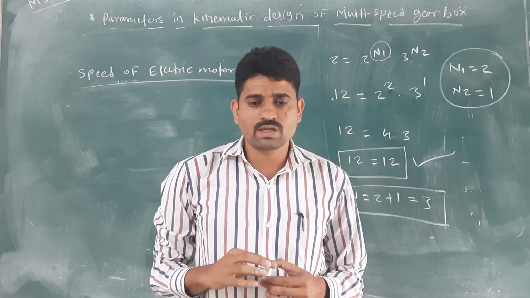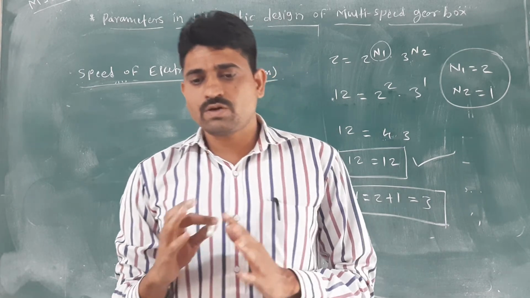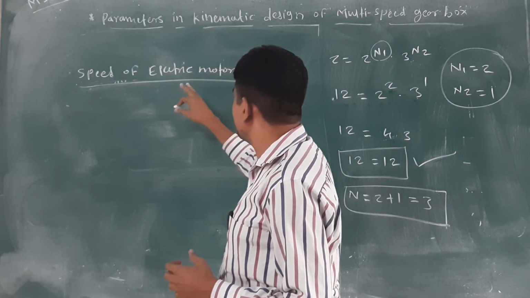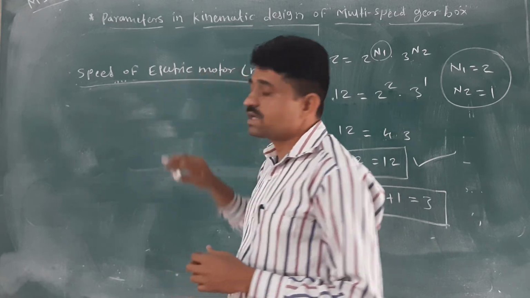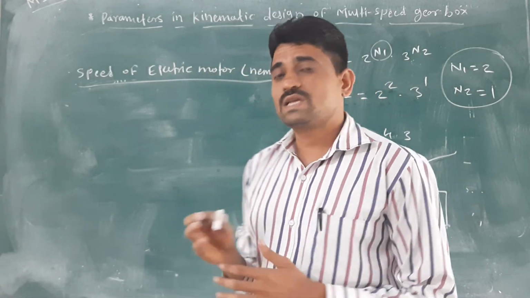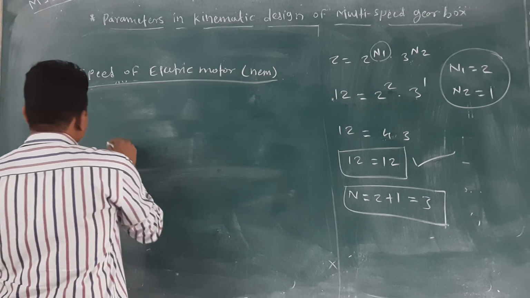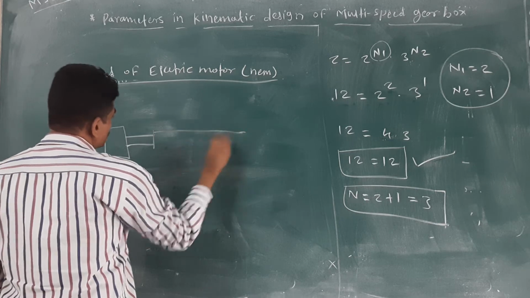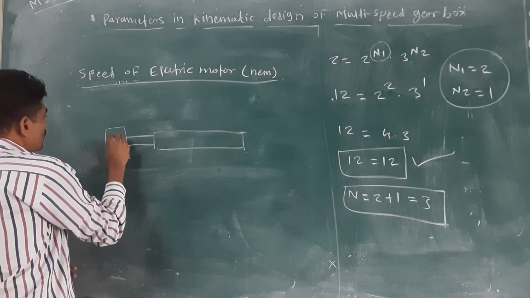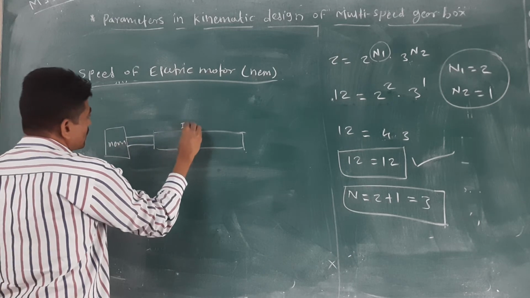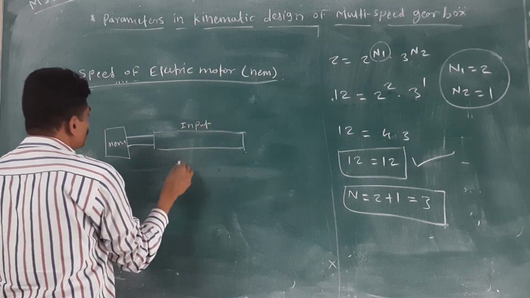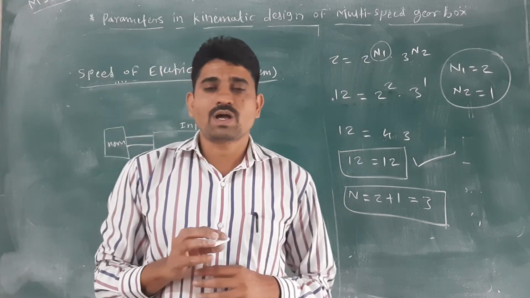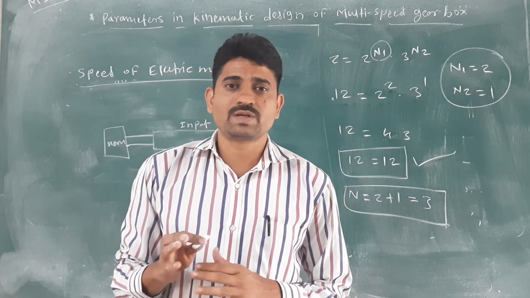One more parameter will be required, the speed of the electric motor, denoted by NEM. We have seen already that the required speed of the input shaft of the gearbox is equal to the electric motor speed. This electric motor is directly connected to the input shaft, so both the electric motor and input shaft speeds are the same. This is the single speed drive.